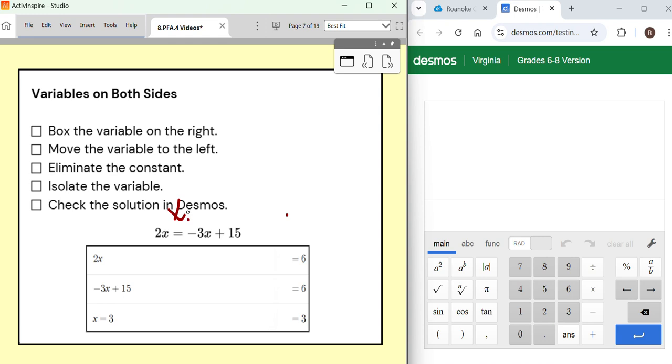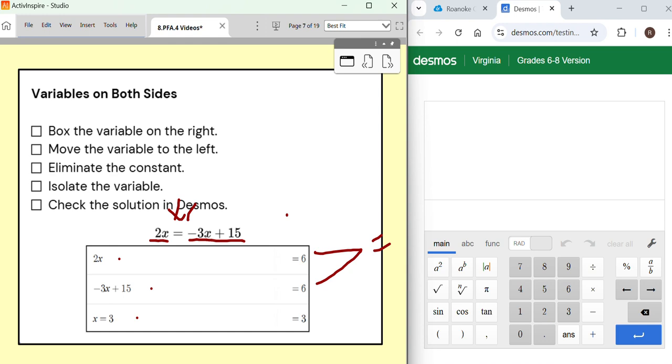That means that this side of the equation has got to be exactly the same as that one. So to check that, we put the 2x on one line, we put the -3x plus 15 on the next line, and we find the x value that makes these two the same or equal. That's how you would check problems where you have variables on both sides.